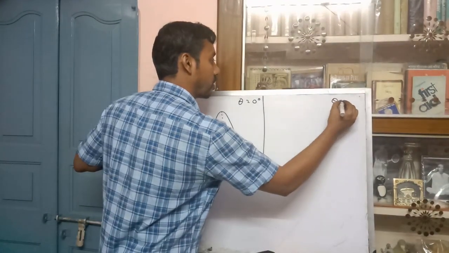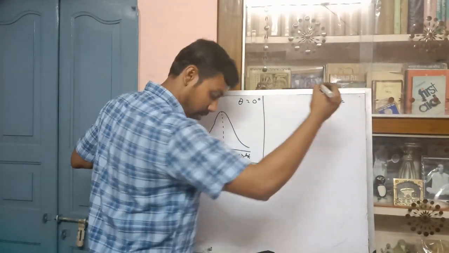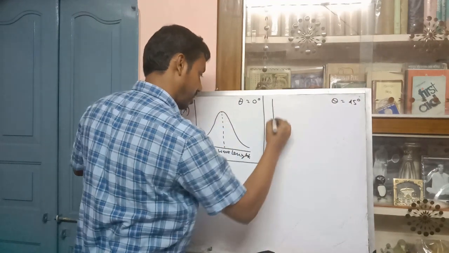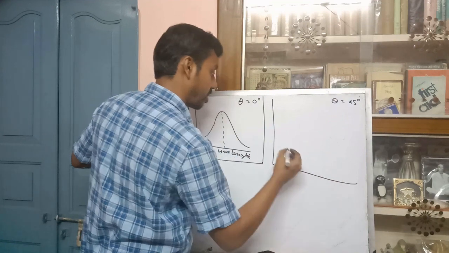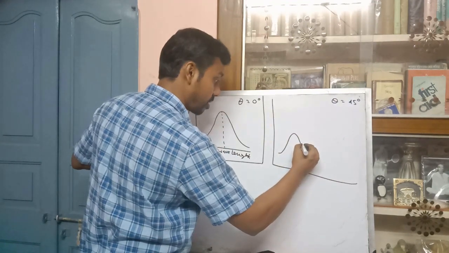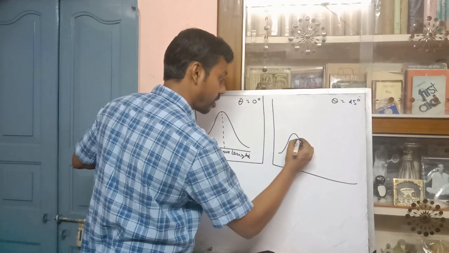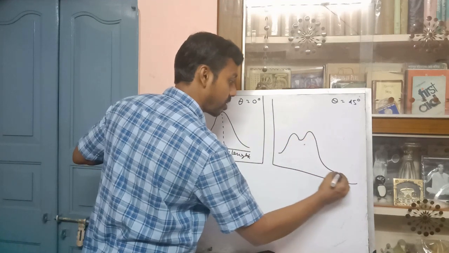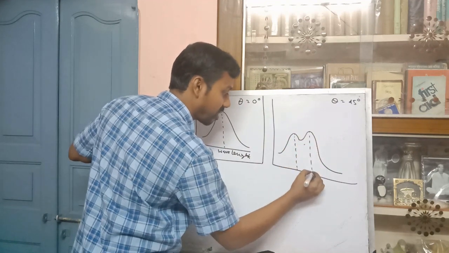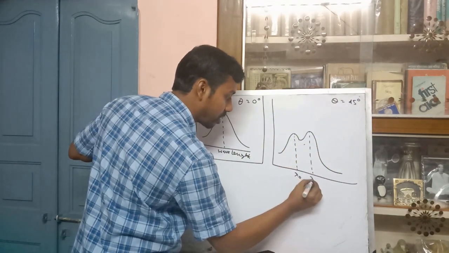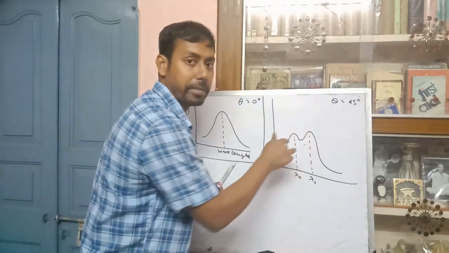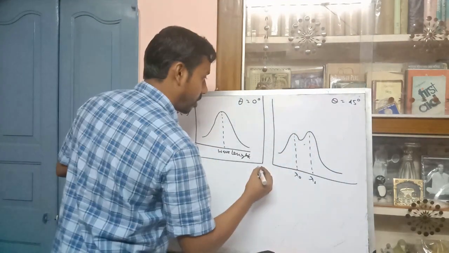At theta equal to, suppose, 45 degree, we are getting two peaks. This is obviously lambda 0 and this is lambda s, so there is a little bit of shift.